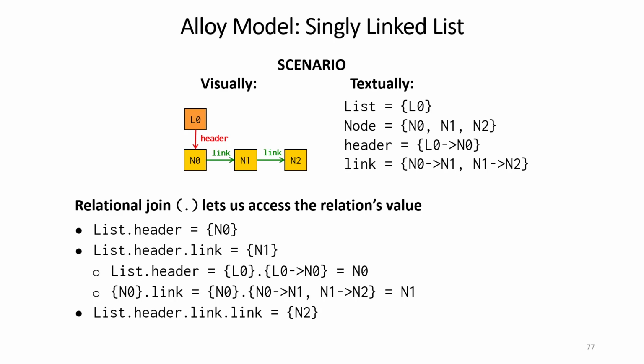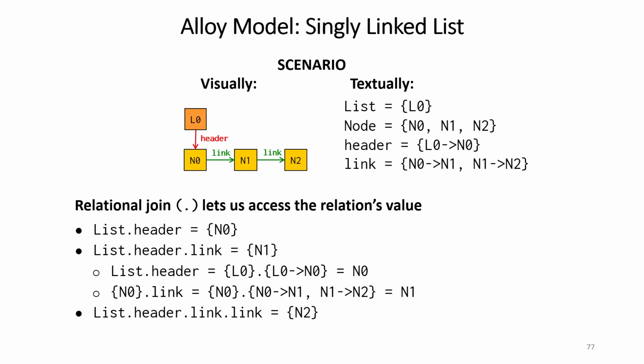Then here, if we just say list.header, that's the same as this thing. And actually, in Alloy, singleton sets, so sets with a single element, you can write them as the element as well. It basically doesn't matter whether you write the set n0 or just n0. In Alloy, it treats it the same.